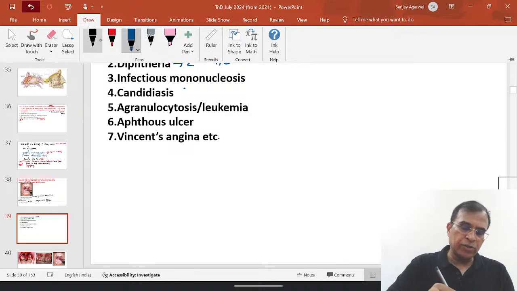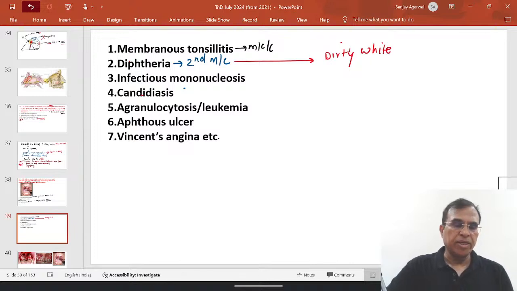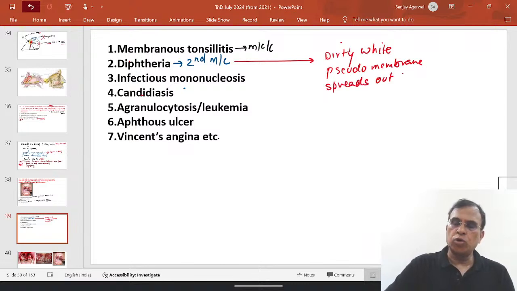Now, as you are rightly saying, diphtherial membrane is dirty white, it is a pseudo membrane, it spreads out of tonsil.